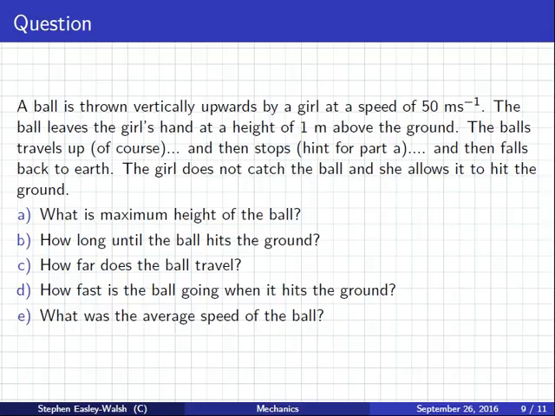Okay, have we got the first part finished now? Got the first part finished?